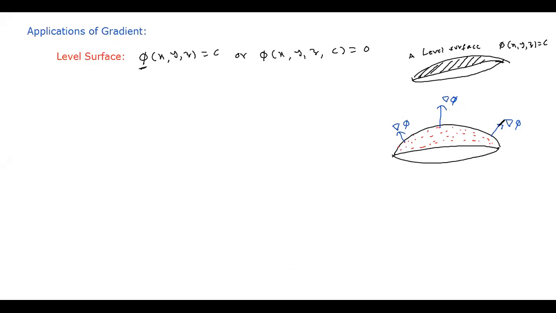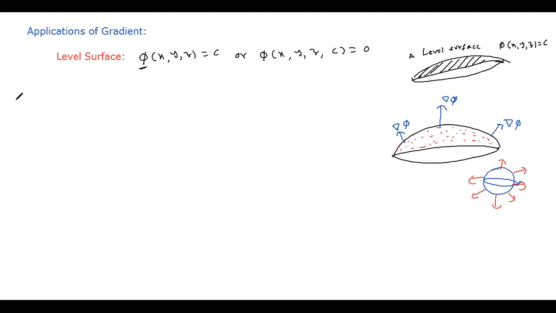So geometrically, if you have a sphere, del phi is like this, like this, like this. These are all gradients of the function.